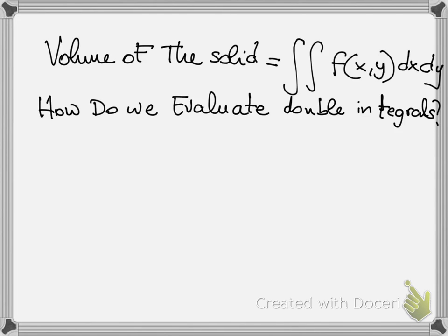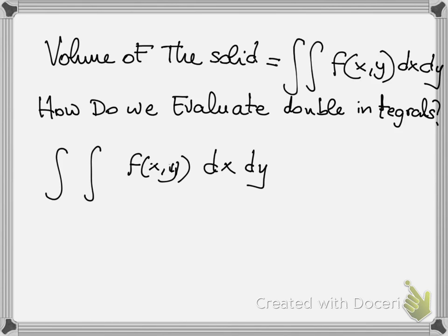Okay, so let's say you have a double integral, f of x, y, dx dy. So first, we need to understand that when you write dx dy, it means that the order of integration is x first and then y.